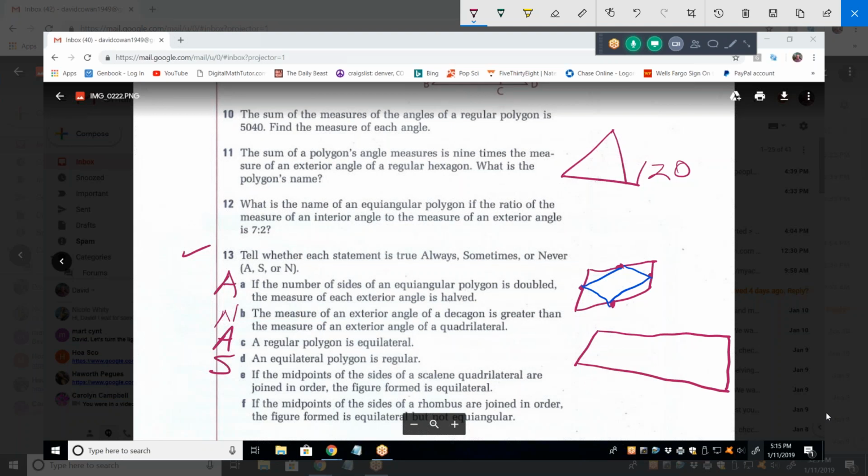Now if I join the midpoints, the figure formed is equilateral, meaning all four sides are the same. Let's draw the figure really strange. But sometimes the secret to these problems is drawing the figure such that you can tell for sure.